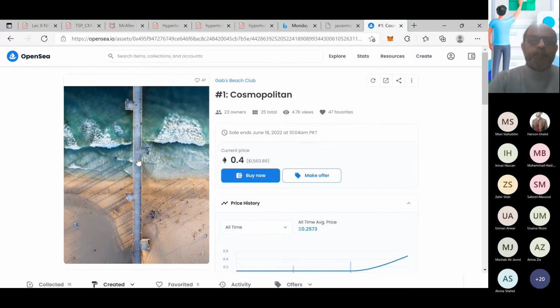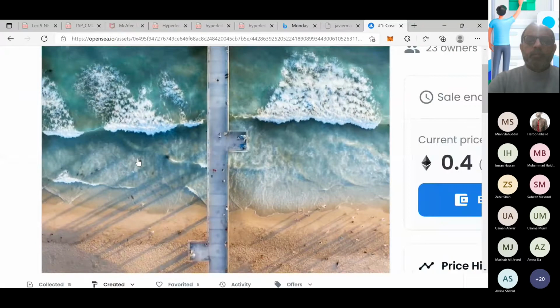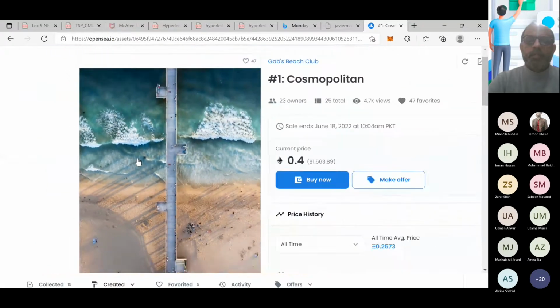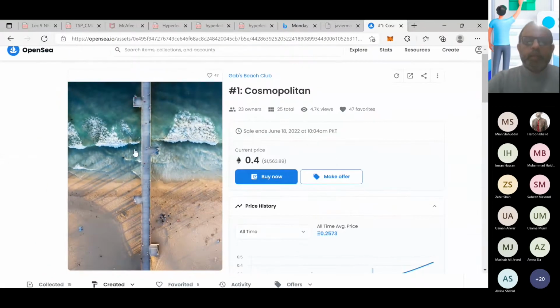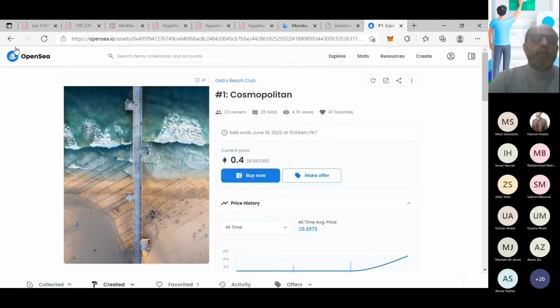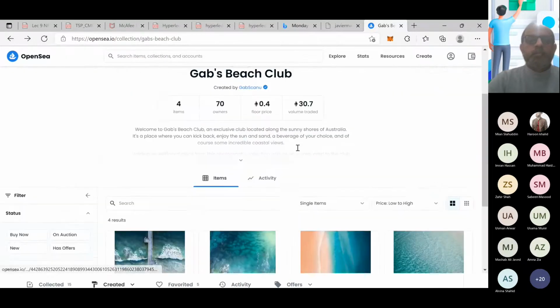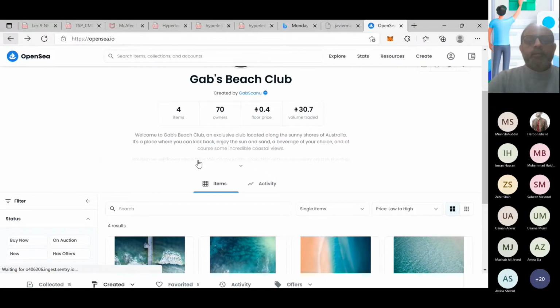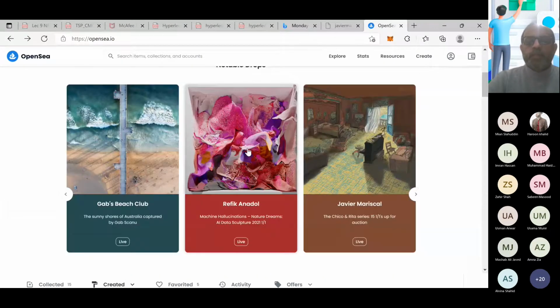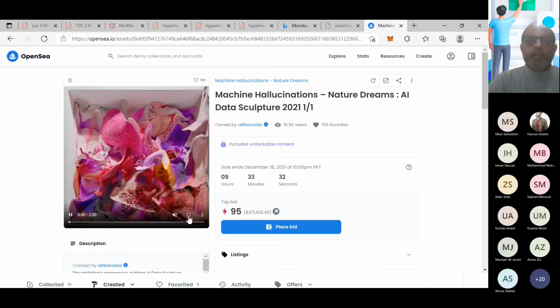So you see, this is from quadrocopter. Apparently, this image is taken from a quadrocopter, and its current price is this much, and people are just offering money to buy this. And if I go back, all these are from this artist, and going back, this is yet another which is on auction.